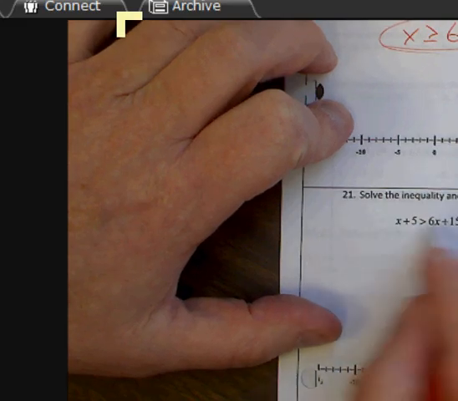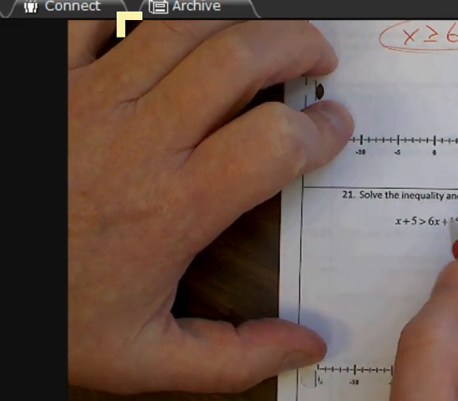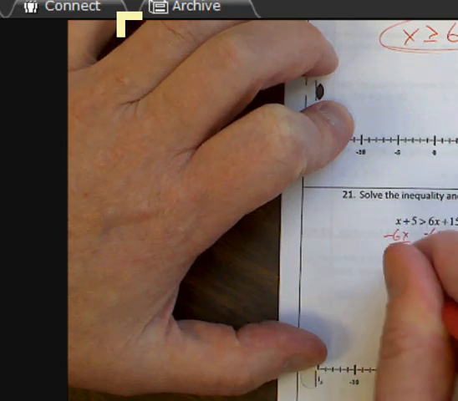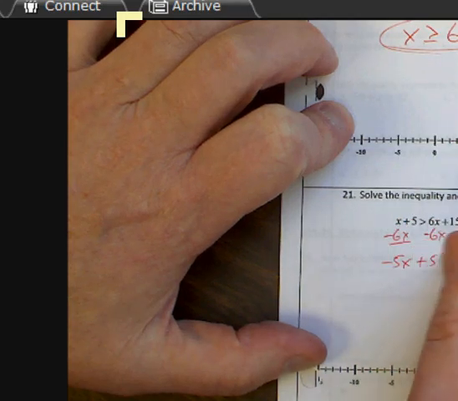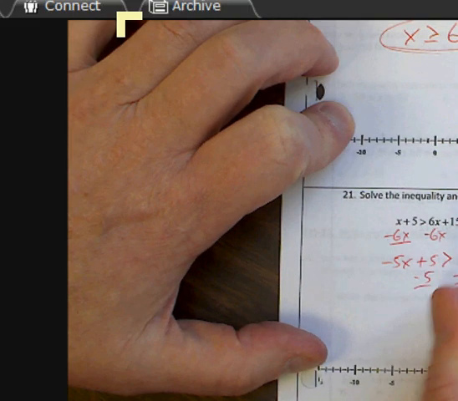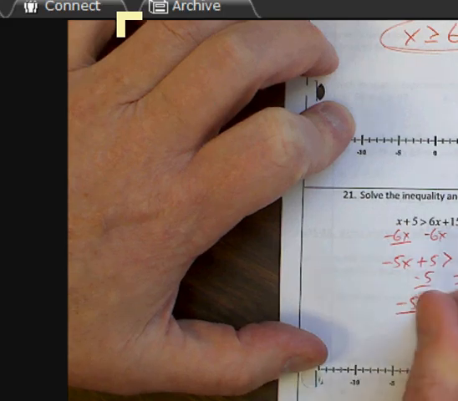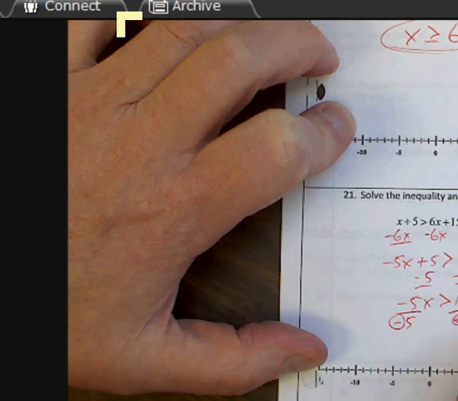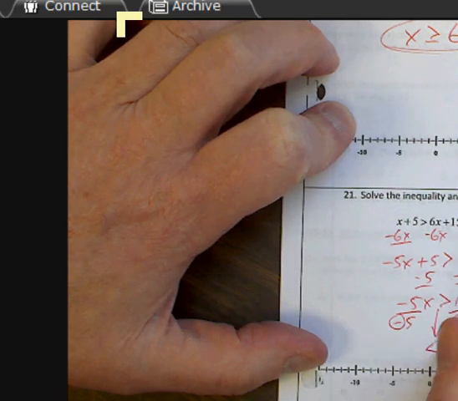Here I got to combine these x's first, so let's subtract 6x from both sides. So I get a negative 5x plus 5 greater than 15. I'm going to subtract 5 from both sides. Negative 5x greater than 10. I'm going to divide by a negative, meaning I have to flip the sign.